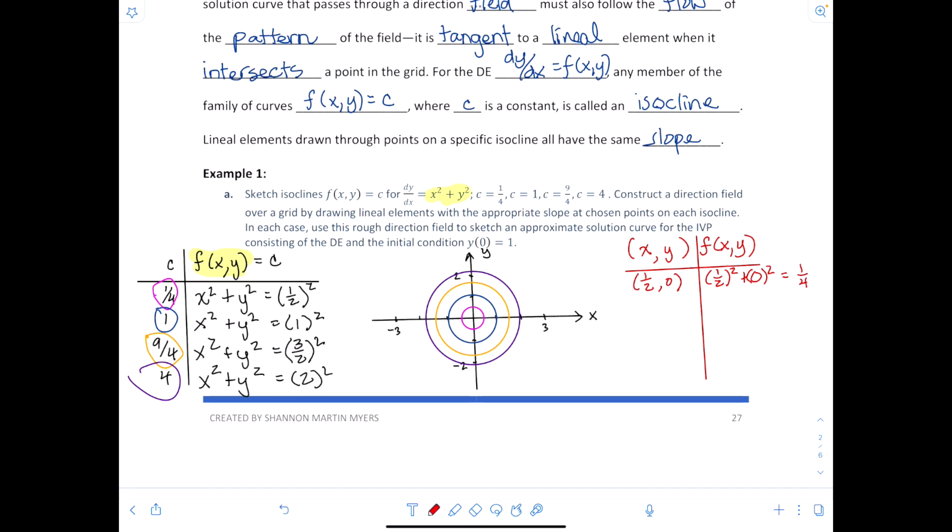So it's for every 1 up, it goes over 4. So it's going to be not very steep, right? So here, the hardest thing, honestly, is to make it. So that was where at 1/2, 0. So here we go. It's not going to be tangent to the little circle, so we're not thinking that. It's a slope of 1/4. So here we go.